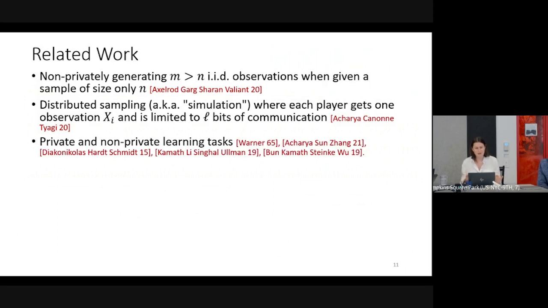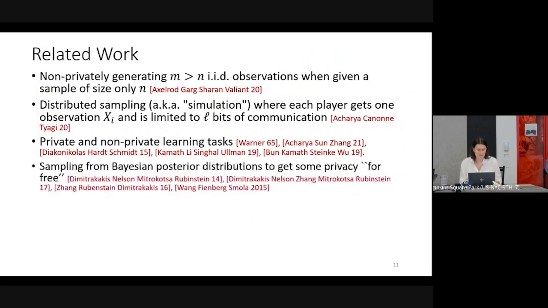We compare our bounds to the bounds for private and non-private learning tasks. And we also use some techniques similar to sampling from Bayesian posterior distributions to get some privacy for free. So we do use sampling to improve the privacy, but our techniques are a bit different.